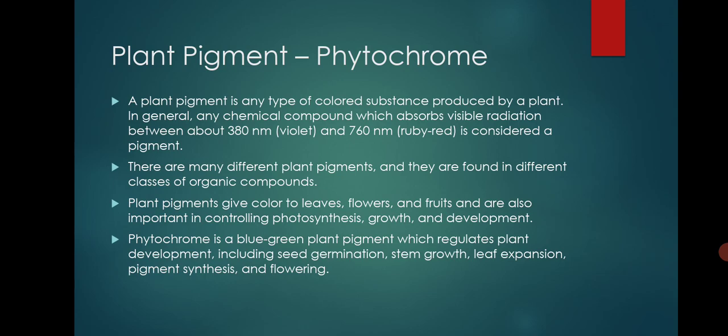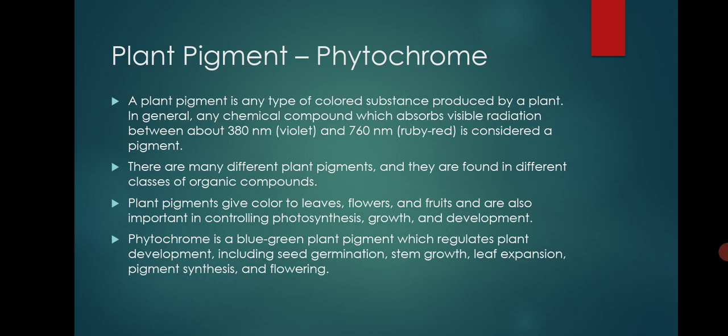Then plant pigment of phytochrome. A plant pigment is any type of colored substance produced by a plant. In general, any chemical compound which absorbs visible radiation between about 380 nanometer violet and 760 nanometer ruby red is considered a pigment. There are many different plant pigments and they are found in different classes of organic compounds.